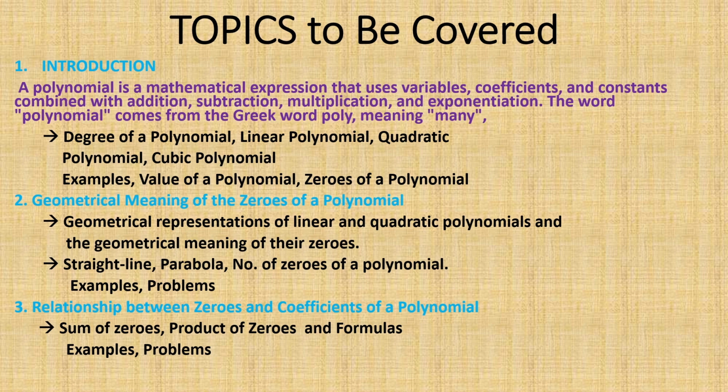In all those polynomials, what is the relation between zeros of the polynomial and coefficients of the polynomial? The sum of the zeros, product of the zeros, and their formulas, and examples and problems related to that. All those things we are going to cover briefly with clear explanation. Okay, please listen carefully.